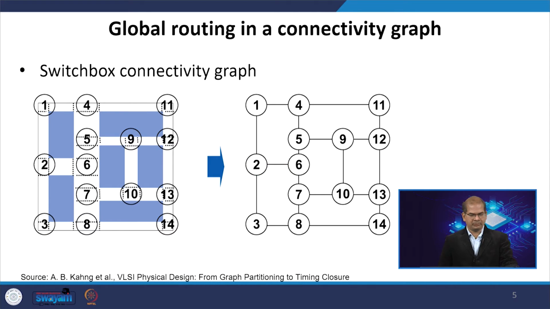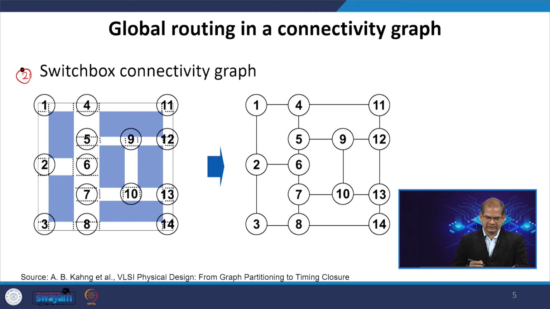Now, we have a concept called the switch box connectivity graph. This is the second type of connectivity graph. What it does is that we have the crossing points. The crossing points mean, let us say you have a vertical channel and a horizontal channel.